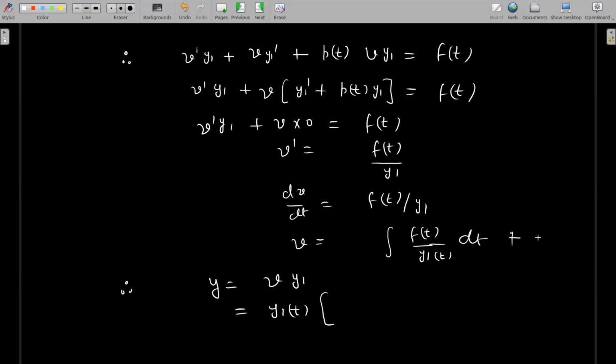You can add some constant here, constant k, and then y equals to v, constant plus integral of f by y1 dt, and here you can write y1.